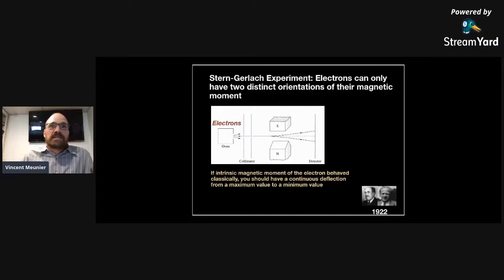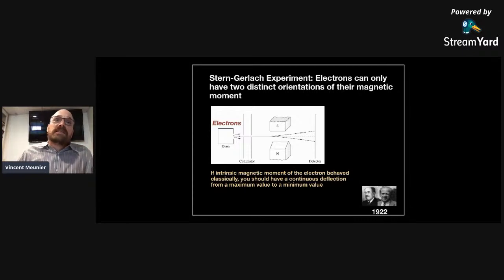If you think about a spin 1/2 electron, just to simplify, it is thrown within a magnet like this, which is non-uniform. I'm not going to go into details, but it has to be non-uniform to allow for deflection.